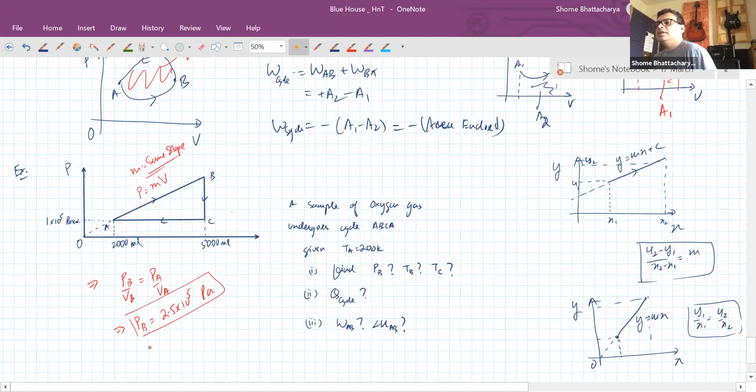Once we have that, the temperature at B will be 2.5 squared into 200 Kelvin. So that is 6.25 into 200, so 1250 Kelvin.